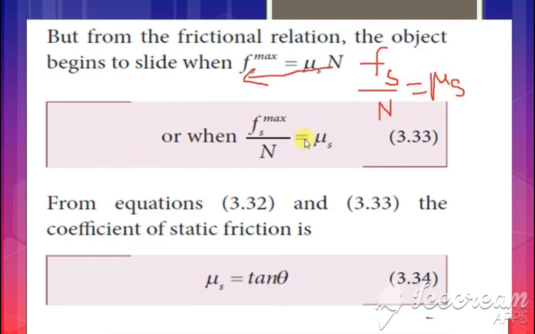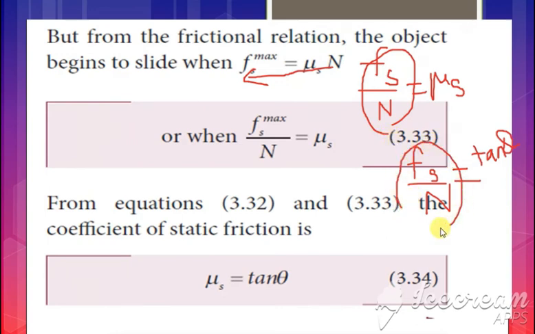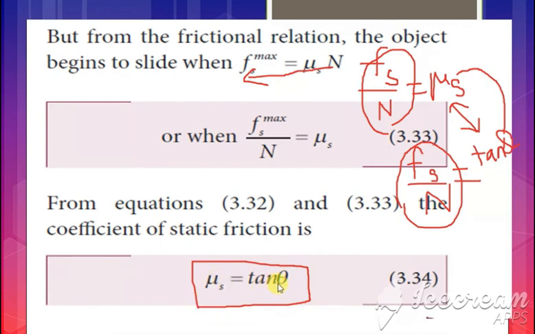So fs divided by n is equal to mu s, and before this we have just seen that fs divided by n is equal to tan theta. Comparing these two equations, both are fs divided by n, so we can equate the two. So we can write this as mu s is equal to tan theta. It is written here as mu s is equal to tan theta.